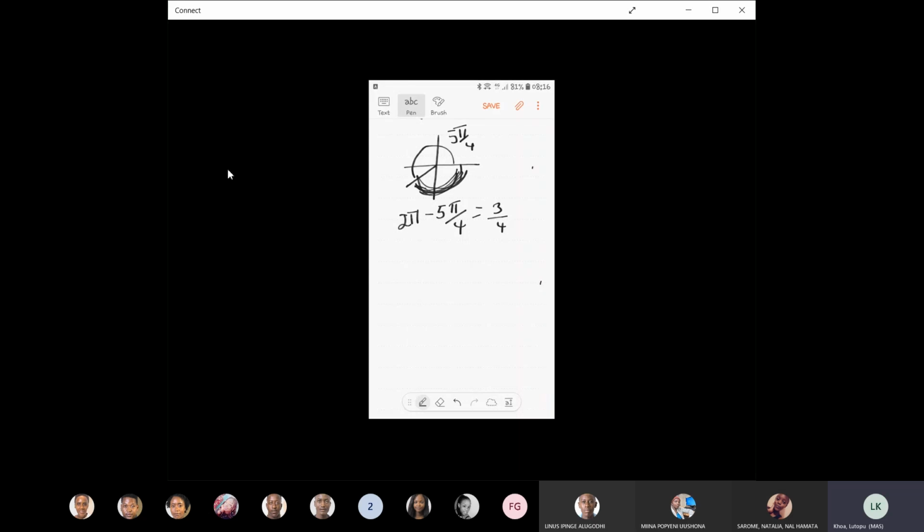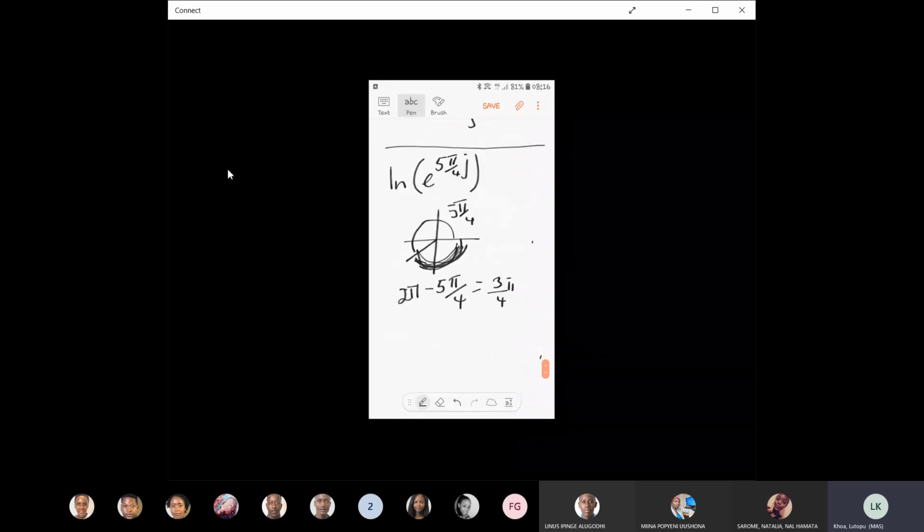But because I'm measuring it clockwise, then the angle becomes negative 3 pi over 4. Okay, so when I rewrite this over there, I rewrite it with the principal argument. So this is e to the power of minus 3 pi over 4 times j.